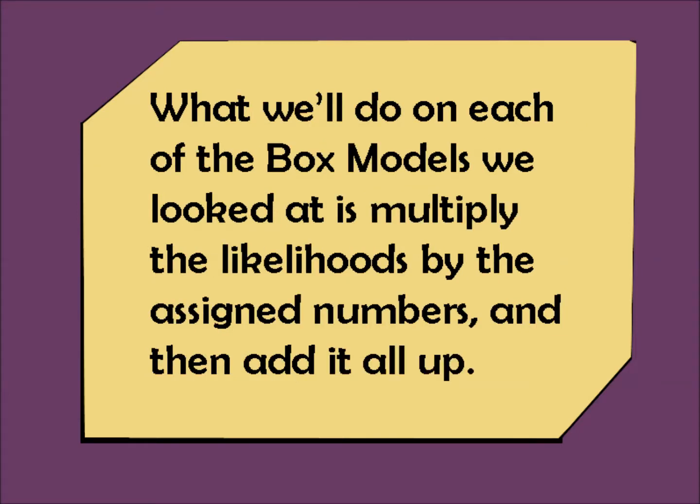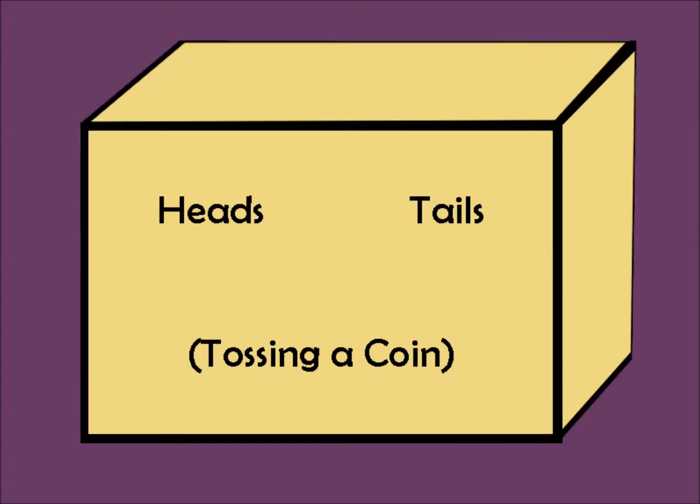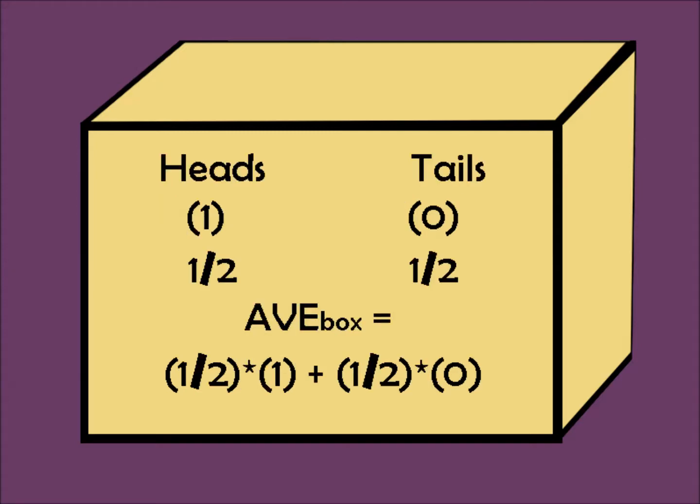What we'll do on each of the box models we looked at is this. Multiply the likelihoods by the assigned numbers, those tallies, and then just add it all up. So, in the tossing the coin problem, if we were tallying up heads, we'd say a tally of 1 underneath the heads and a tally of 0 underneath the tails.